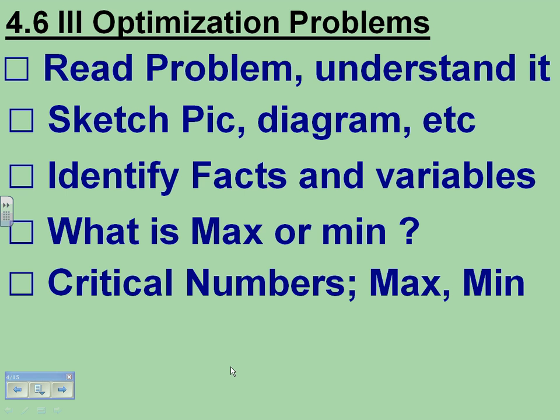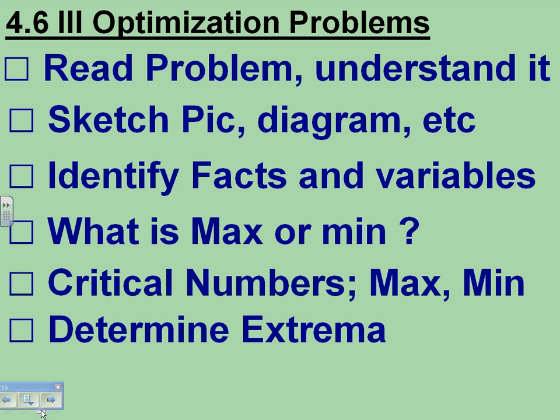Are they valid? Are they actually in the problem or just solutions to the equation? Are they maxes? Are they mins? Can you use a first or second derivative test to tell? And how do they relate to the problem? And also determine the extrema and see if your answer is reasonable. That's the hardest thing. So find your equations, getting started. We'll do a couple more problems. Like I said, we'll do one big problem, brain break, and then another one.